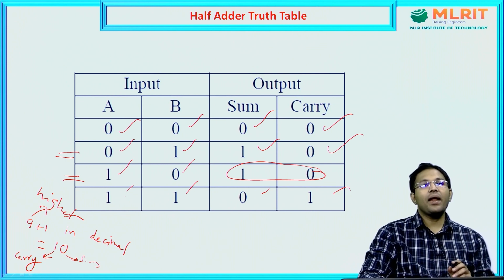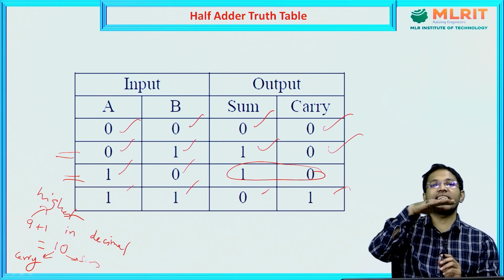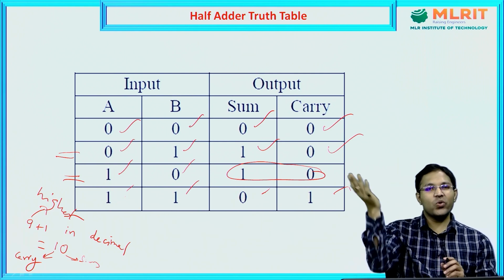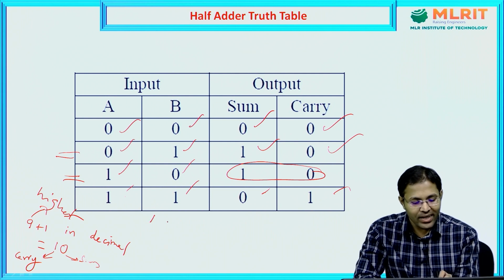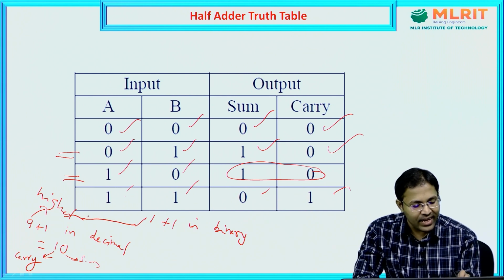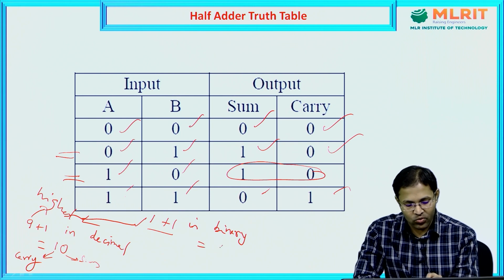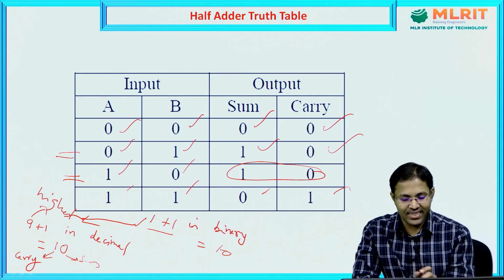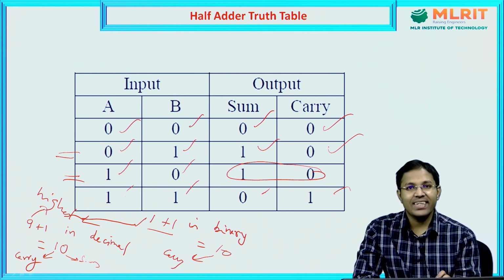Likewise, in binary, the highest value is 1. Binary numbers, we have only 0 and 1. So the highest value is 1. So applying the same logic, 1 plus 1 in binary should be equal to 1, 0, and that is the reason we get carry as 1.